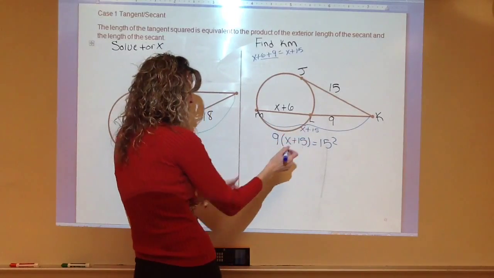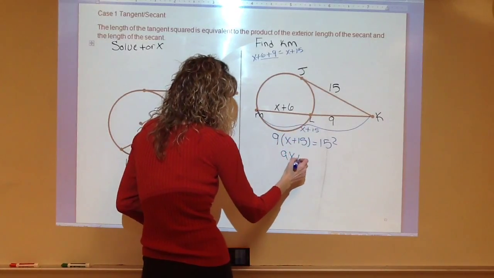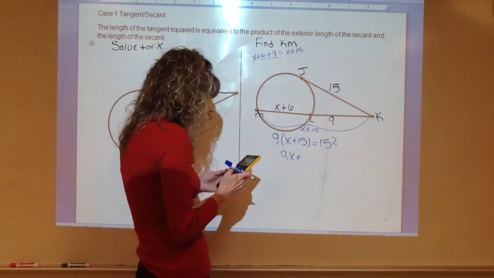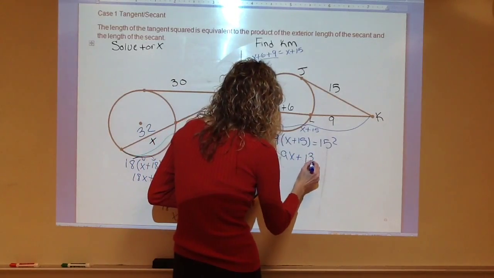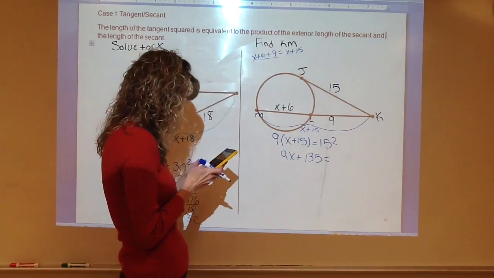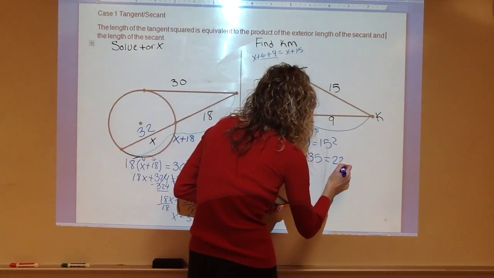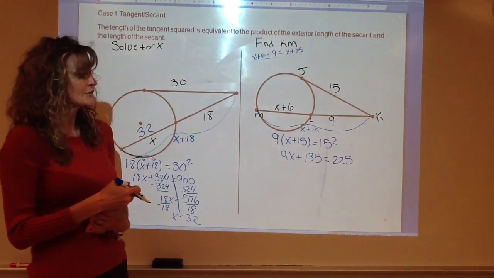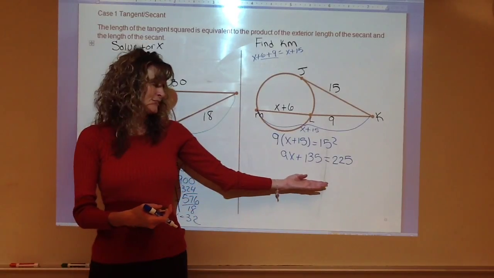So I'm going to go ahead and distribute that 9. Use your calculator. So I get 9x plus 135 equals 225.